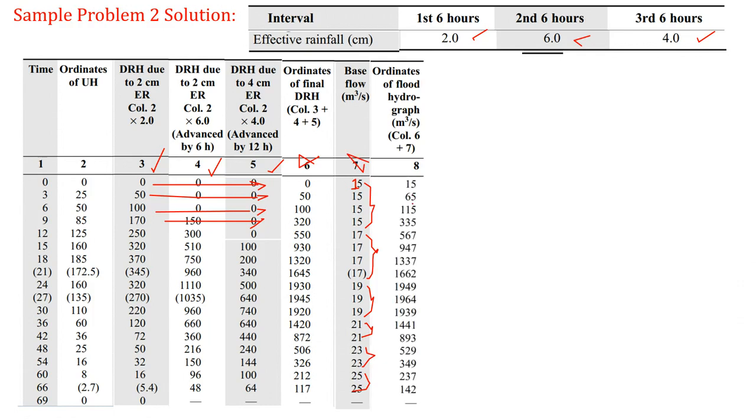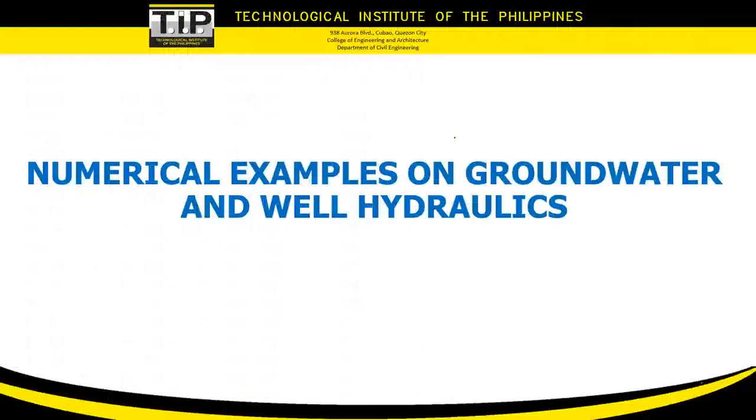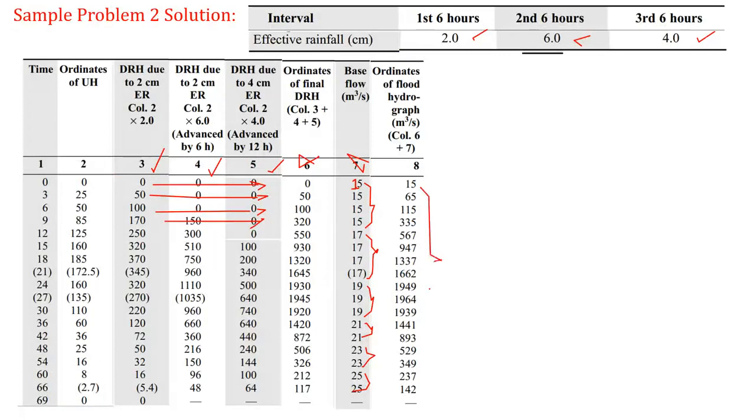So ito na yung value ng discharge after considering base flow and yung ating effective rainfall. So bale, ito na yung sagot natin. Okay.